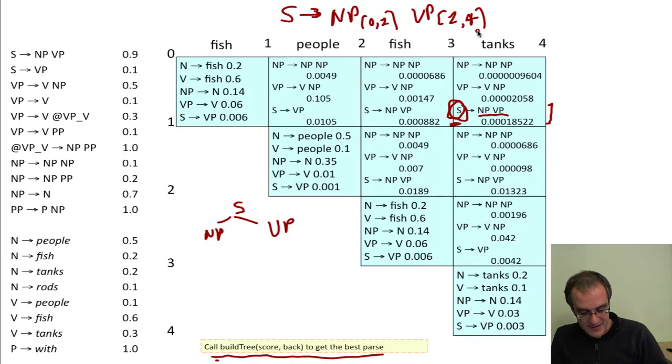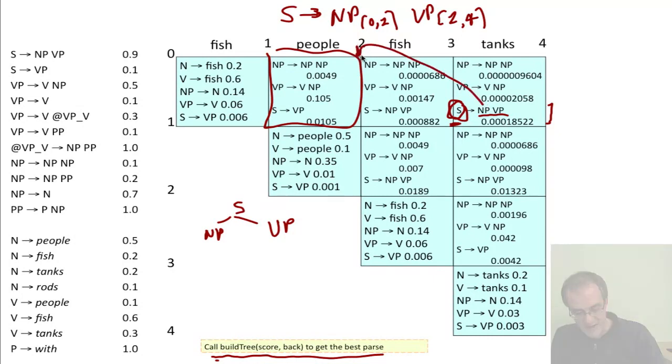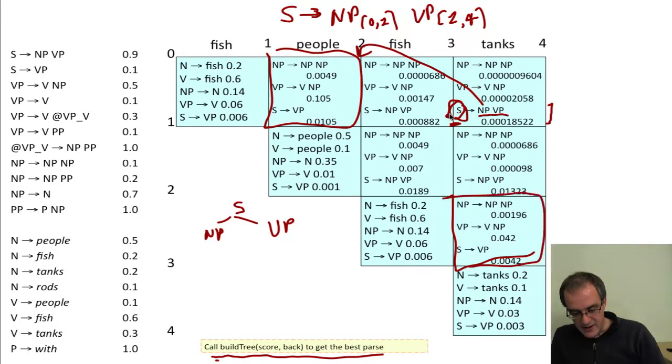Okay, so that means we now look in the 0 to 2 cell to find the noun phrase. We look in the 2 to 4 cell to find the verb phrase. So this is 0 to 4, 0 to 2, 2 to 4. And at this point we start to recurse downwards.